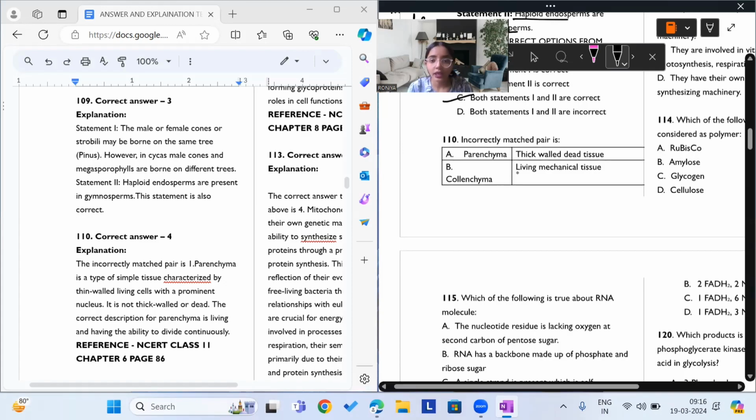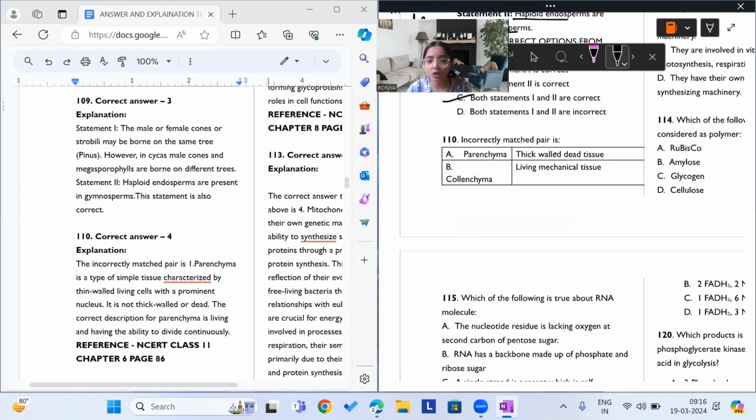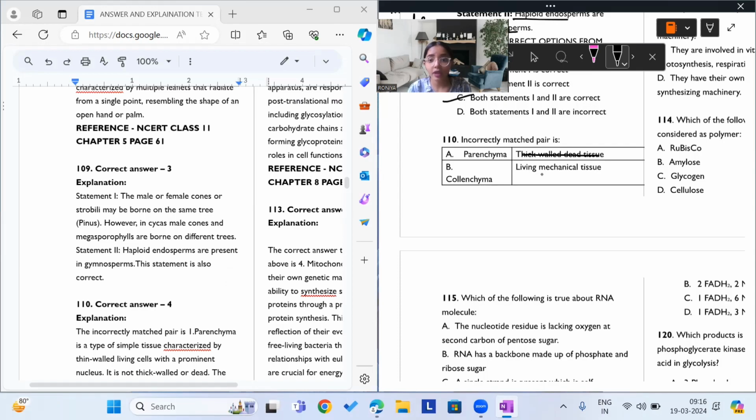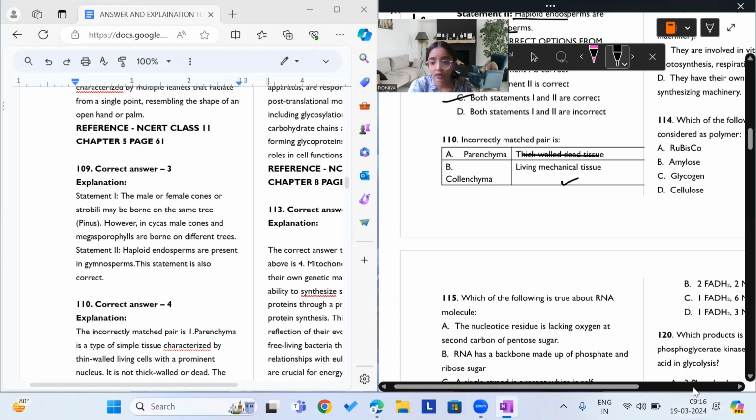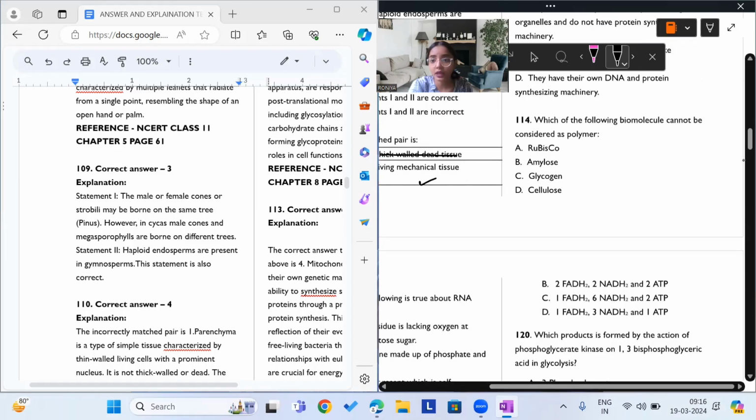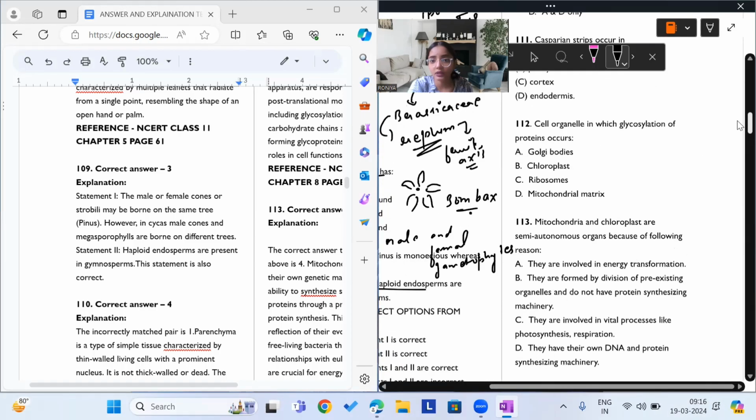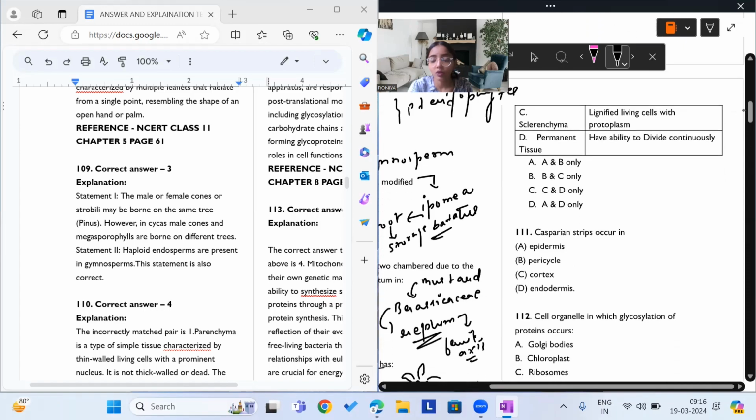Now see, question 110: the incorrectly matched pair is, let us see, A, parenchyma, thick walled dead tissue. Parenchyma is thin walled living tissue, so it's a wrong statement. Collenchyma, living mechanical tissue, is a correct statement. So A is wrong and B is correct. What is C saying?